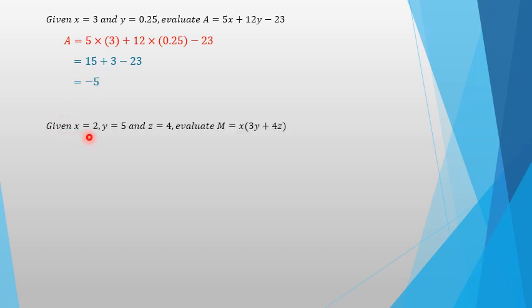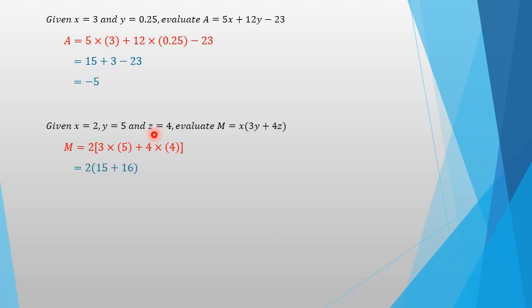Given x equal 2, y equal 5, and z equal 4, I have to evaluate m, which is x into 3y plus 4z. X is 2, so it's 2 times 3 times 5, which represents y, plus 4 times 4. Now here we have multiplication sign, so I have to start solving the multiplication.